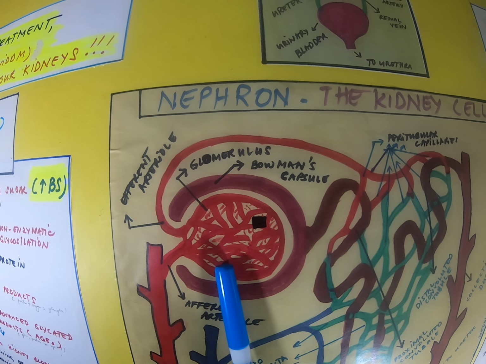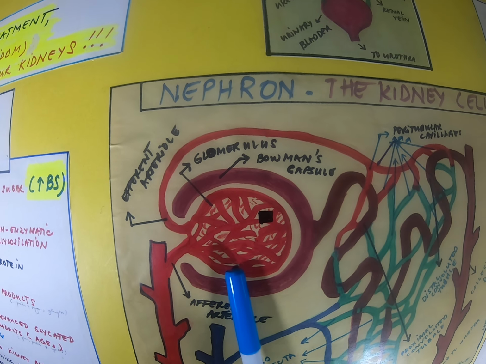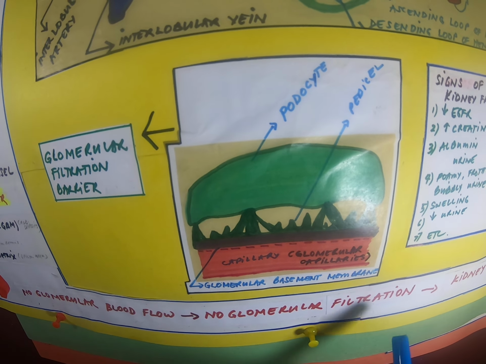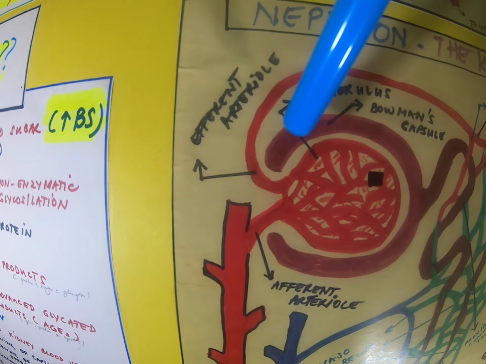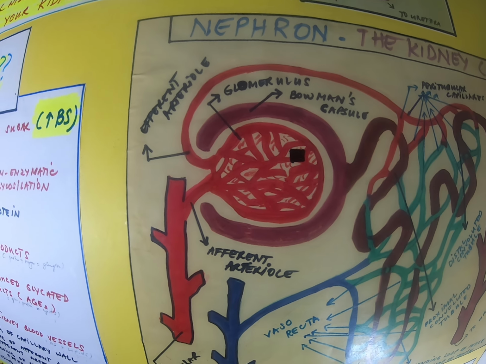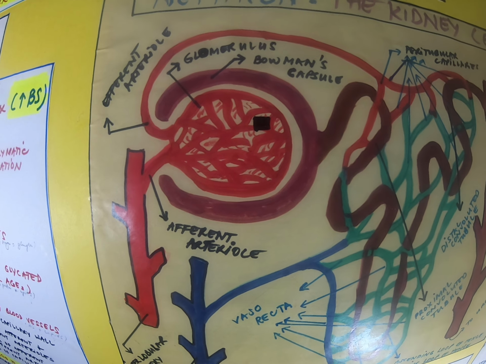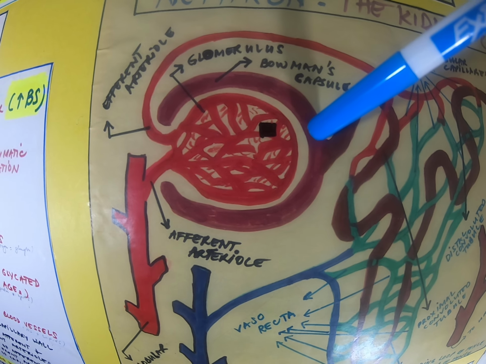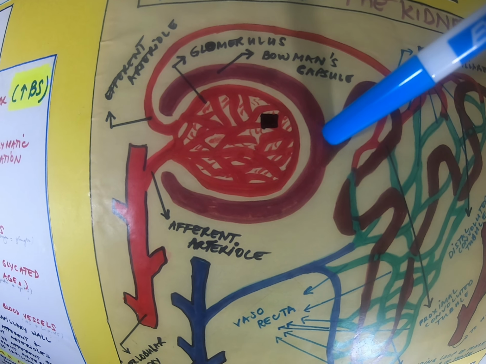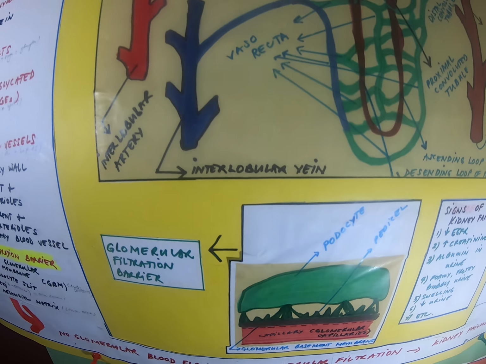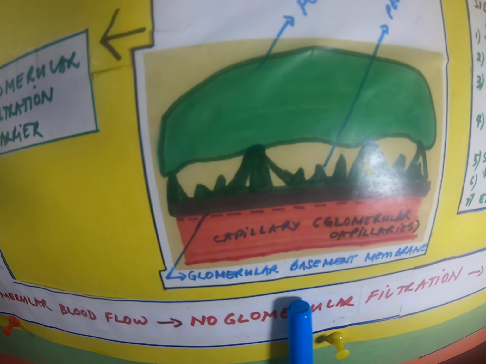If the larger particles like red blood cells and protein will not pass this filter, how about those smaller particles? The smaller particles are water, electrolytes, glucose, amino acids, and the toxins. These particles will pass this filter.